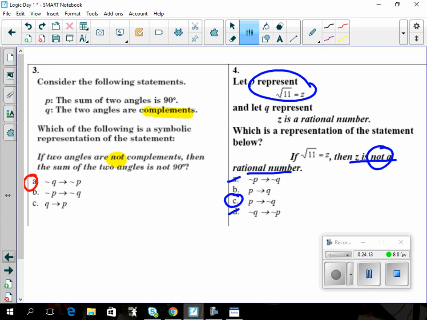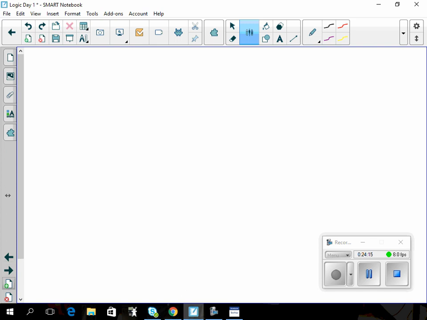All right, so let me just really quickly, before we go on to the other ones, show you what a symbol that has 2 arrows would look like.